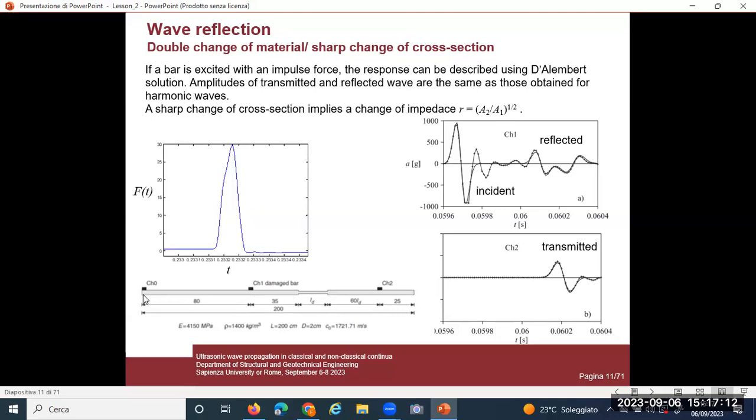It is a bar which is excited on the left end by a hammer, which gives a forcing function like that, and generates a wave which is observed at this point, which is called CH1. It generates a time history of a disturbance, which is exactly this one. This is the incident wave.